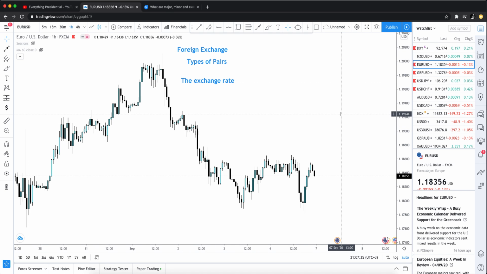Anyways, so the exchange rate, like I was saying. Now when you see a currency pair, Euro USD, you cannot go to an exchange and tell them I want this currency and not give them something in return. You have to pay to get a certain currency, right?